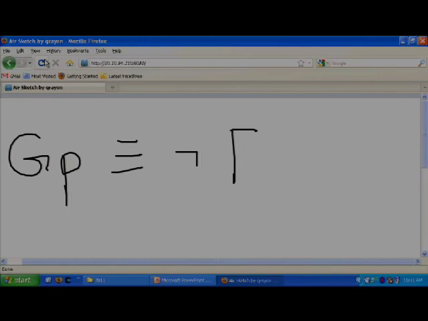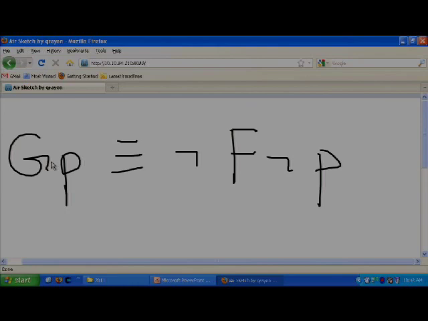Okay, I'll say that one more time. If it's never the case that there's a future state where P is false, where not P is true, then it means that P is true always, which means P is true globally. All right, so the answer is yes, you can express globally P in terms of all of those.